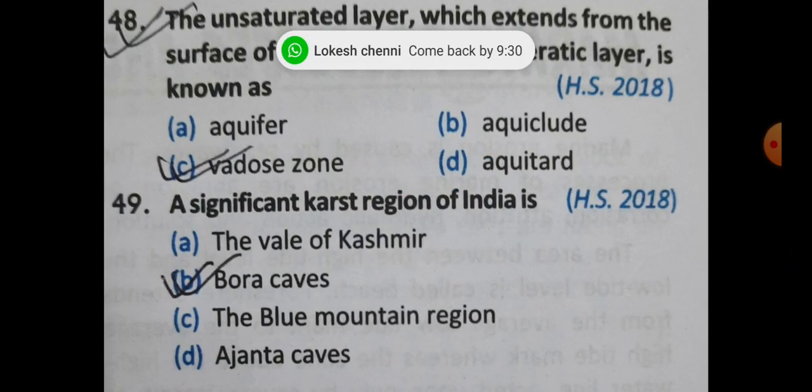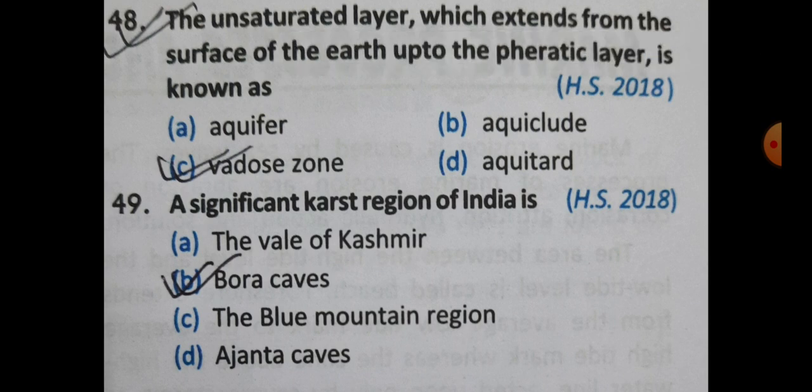The unsaturated layer which extends from the surface of the earth up to the phreatic layer is known as the vadose zone. A significant karst region of India, 2018: Borra cave.